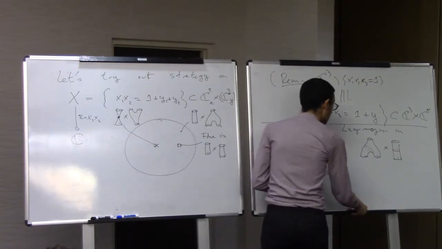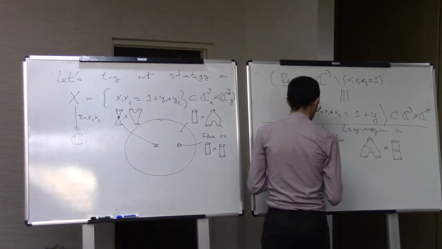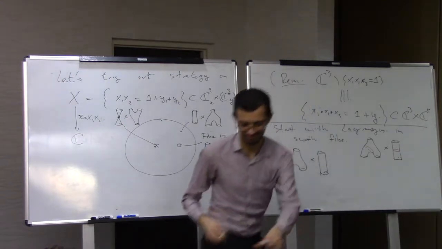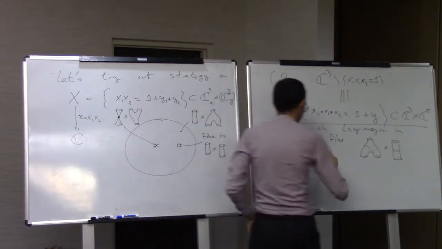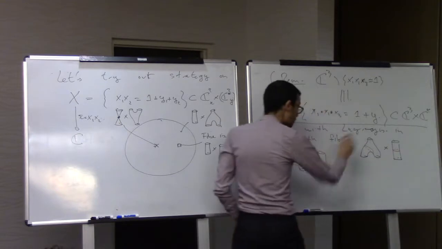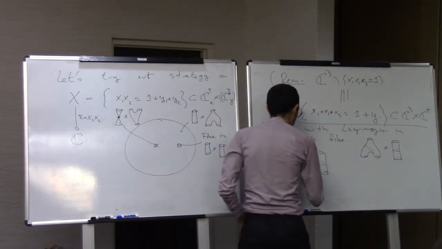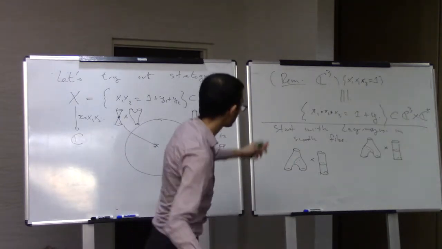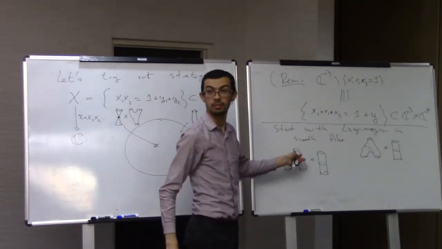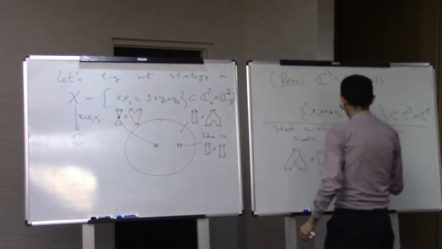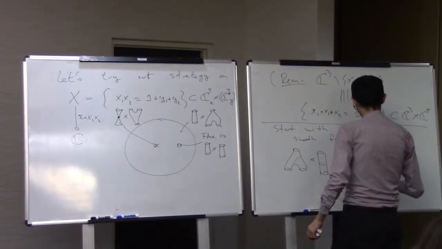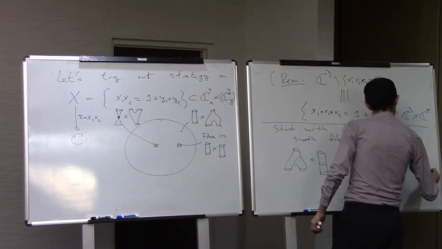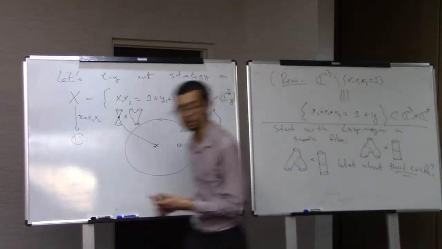And the other possibility, let's do a different color, is that you take this one, still the same, and now you do this one. If I do this, you should ask me, what about the third circle, the one that goes around this puncture? Let me come back to that in a second.